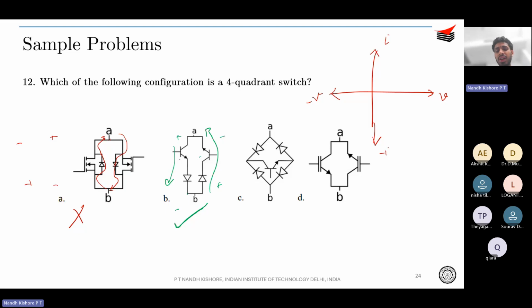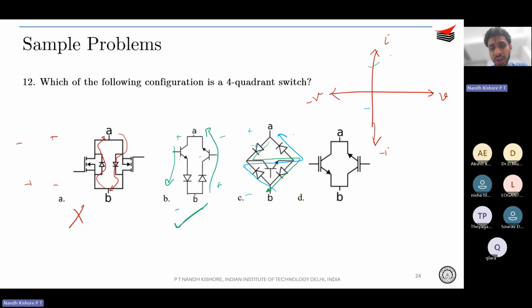And what about this particular device? It can conduct current in this direction, right? And it can conduct current in the opposite direction as well, through this. So it can conduct current in both directions, but can it block voltage in both directions? You apply a positive voltage over here.